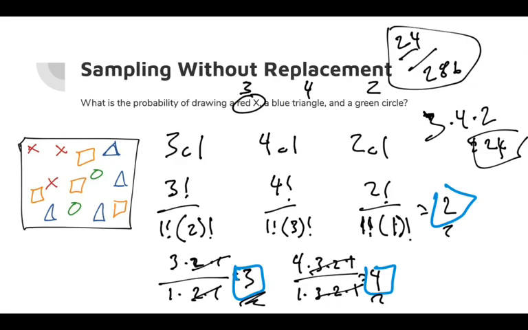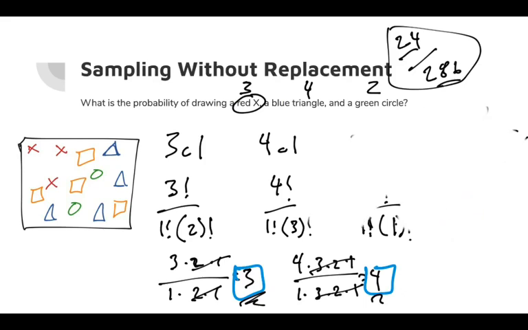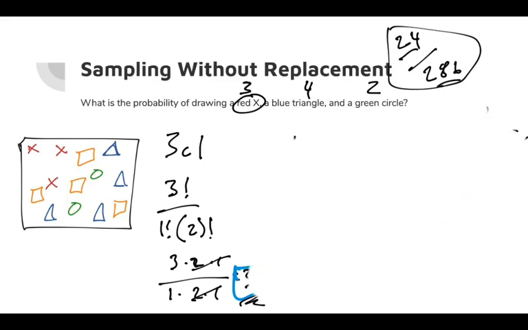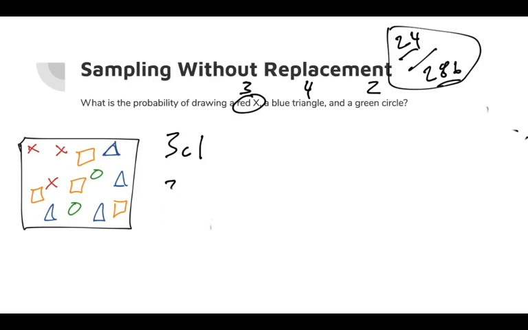So 24 combinations that work over a total of 286 combinations that are possible.